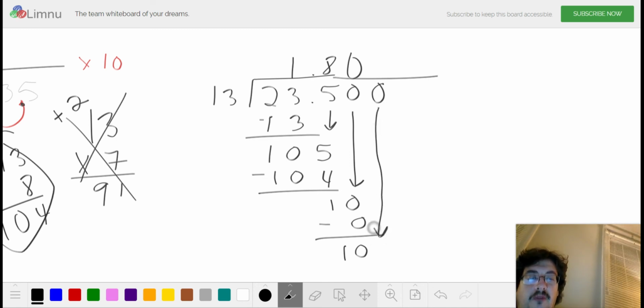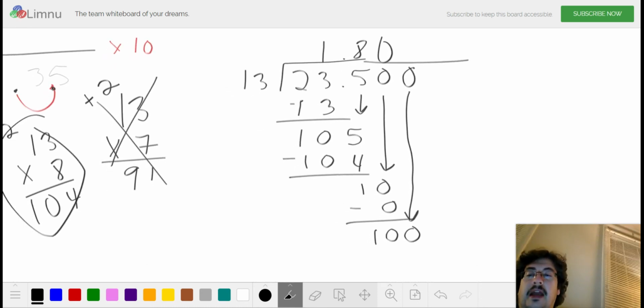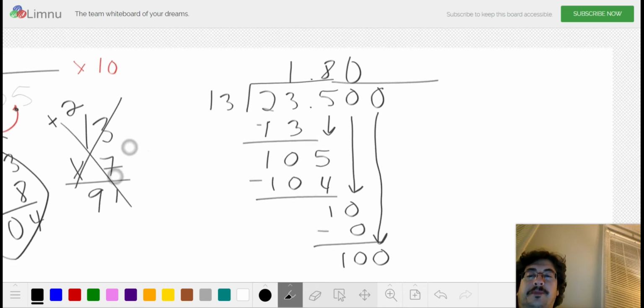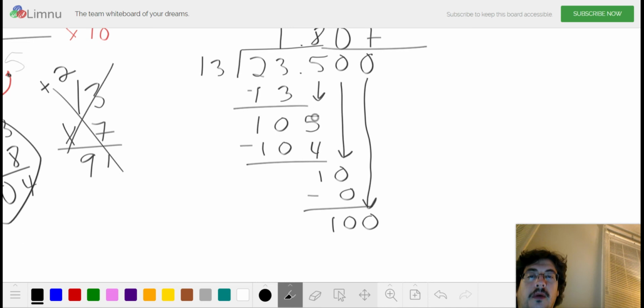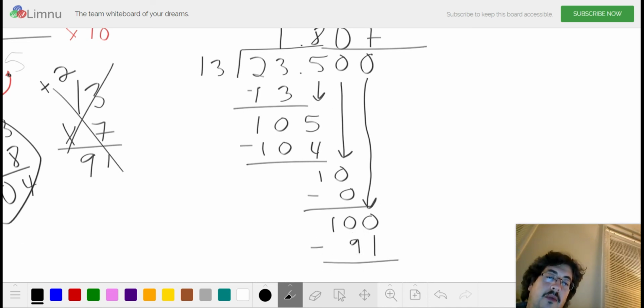You're just going to keep dividing. So now I'm going to see how many times 13 goes into 100. Now, luckily, I already did some work over here, and so I can tell that 8 times 13 is going to be too big, but 7 works. So I'm going to put that 7 up here. And I'm going to subtract 91 from 100 and get 9.